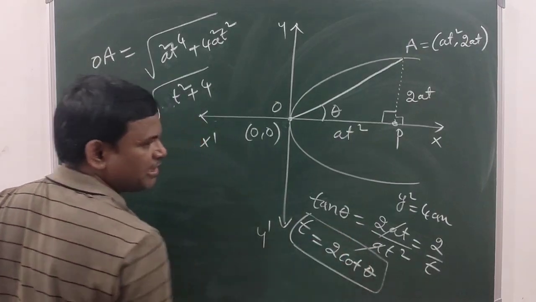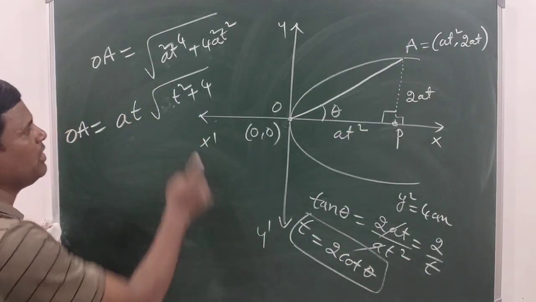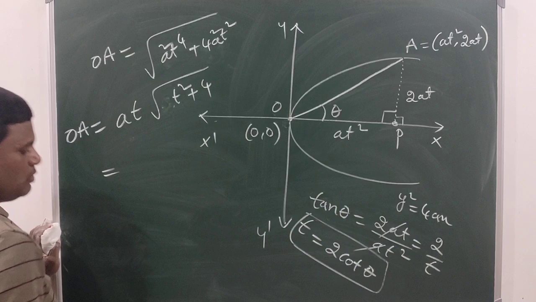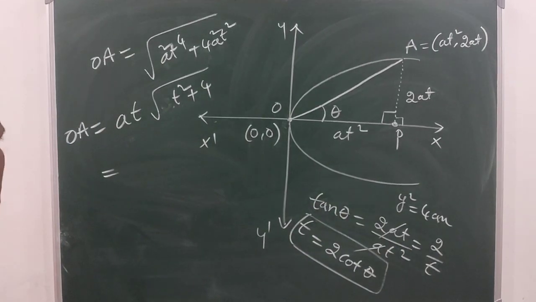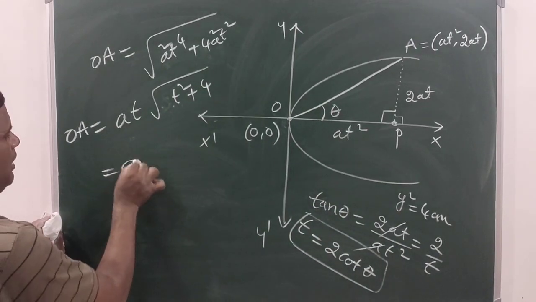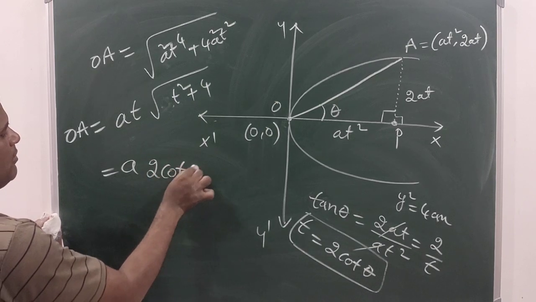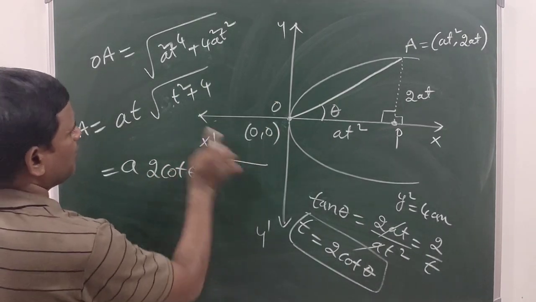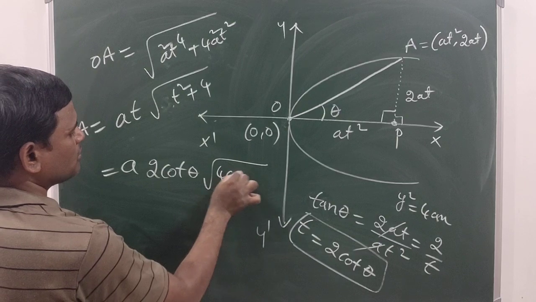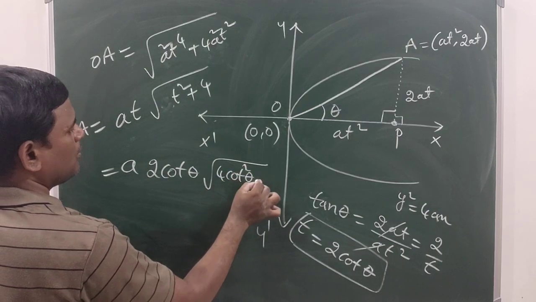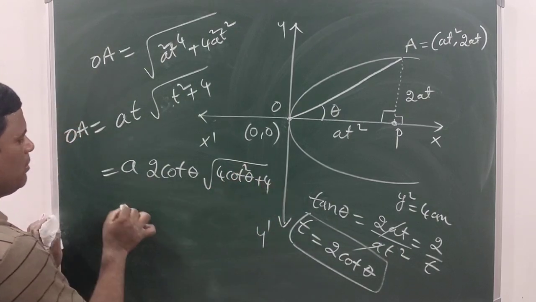See here, make t the subject so that you will get 2 cot theta and substitute here. So a of, a into 2 cot theta. So square root of t square, 4 cot square theta plus 4. Now take 4 common.